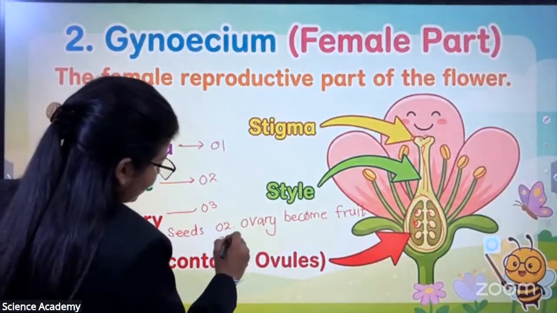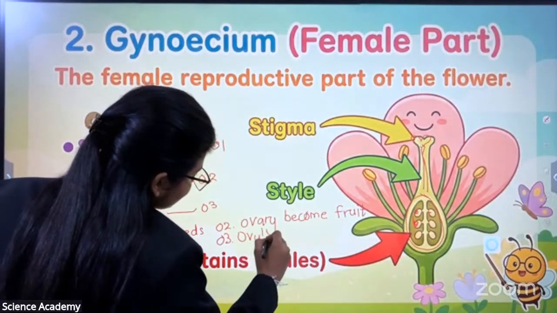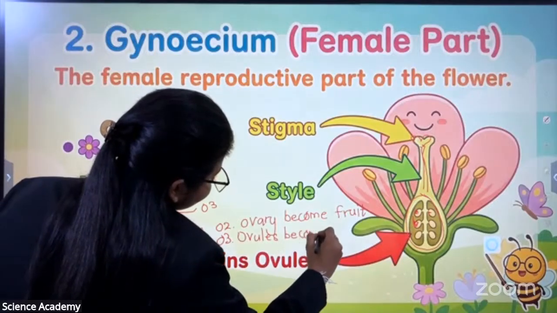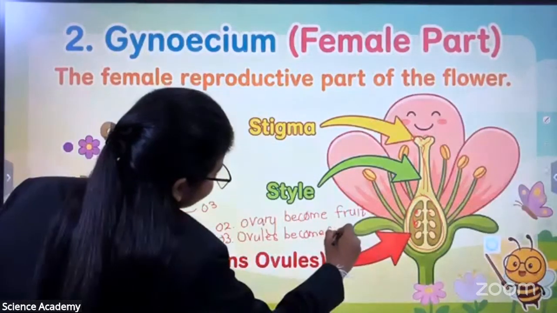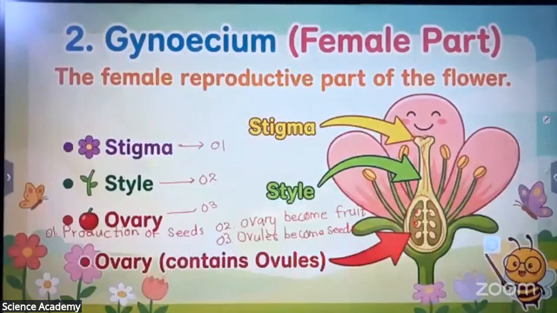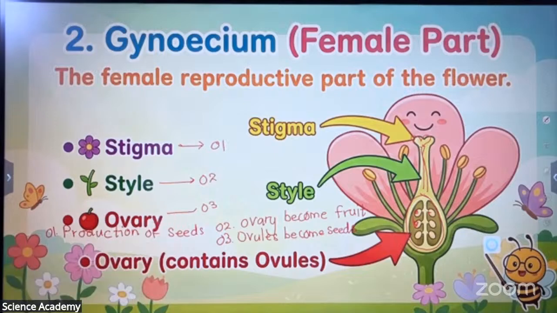Third one you can write down: ovules become seeds. Under the gynoecium, you can write down these three parts and then their functions also.